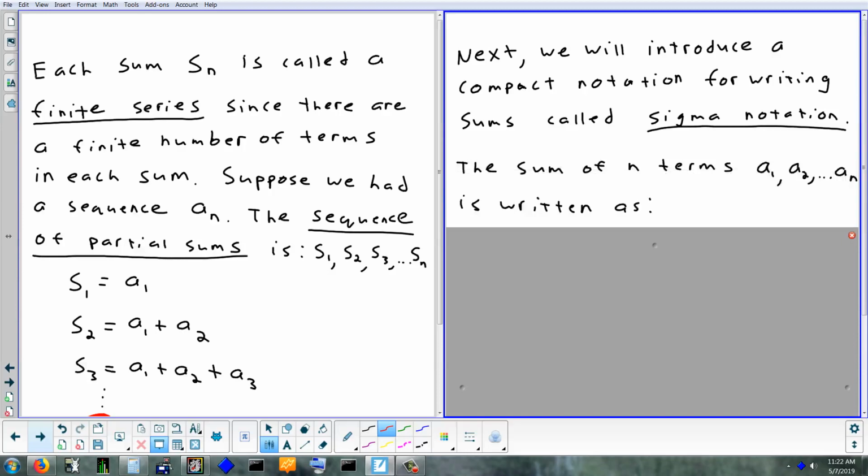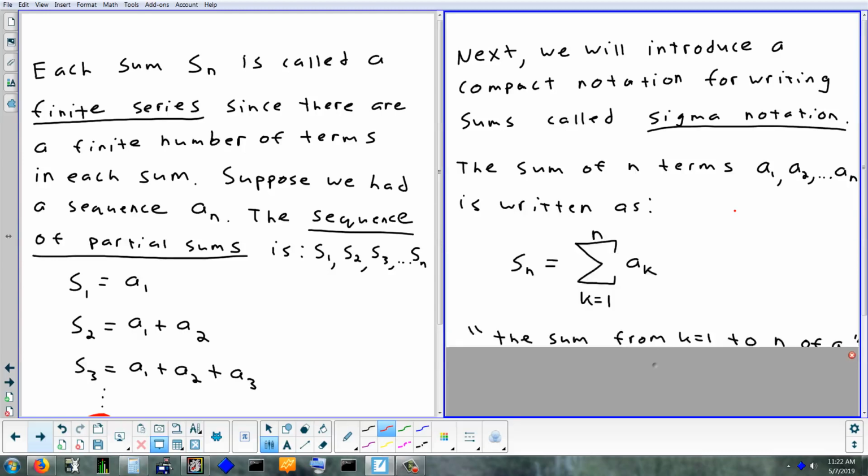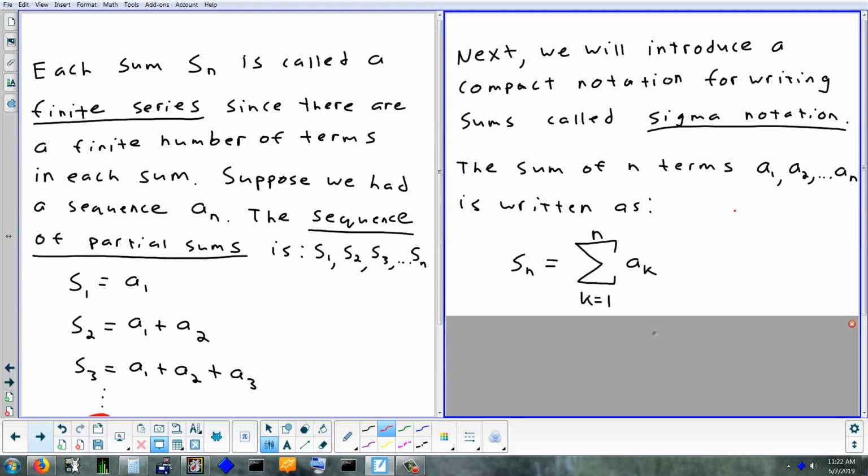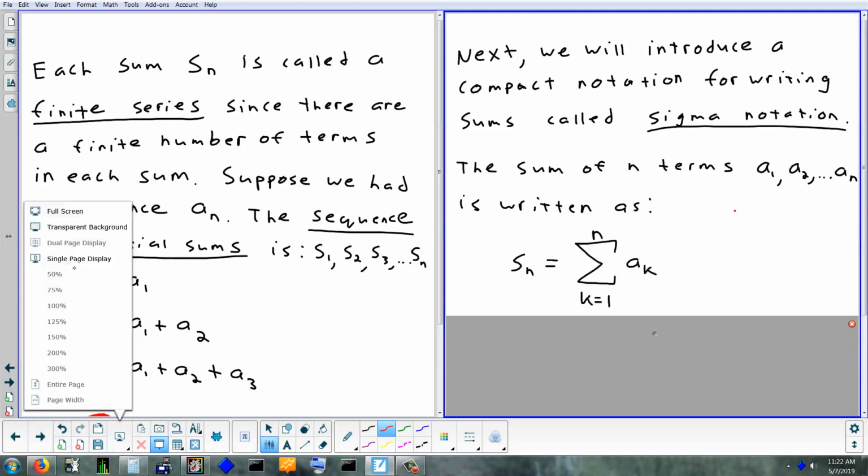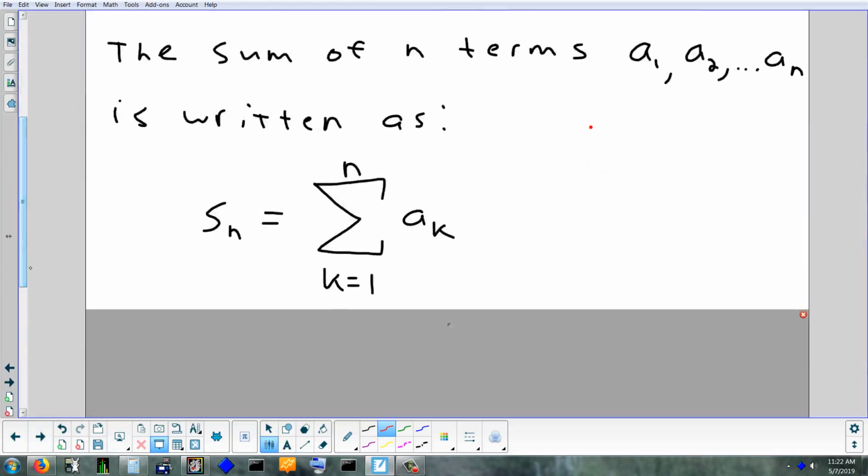All right. If you wanted to add up a bunch of numbers from the first term to the nth term in a sequence I'm calling A, this is how you write it. First of all, you put that capital Greek letter sigma. This basically tells you where you're starting. This tells you where you're stopping.